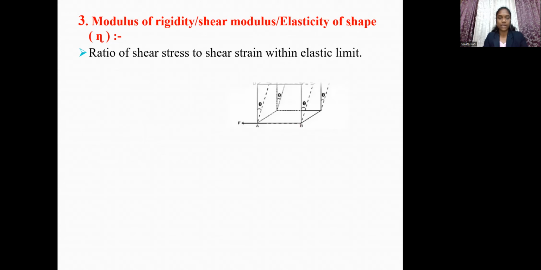Let us consider this figure. This is a figure of a cube.